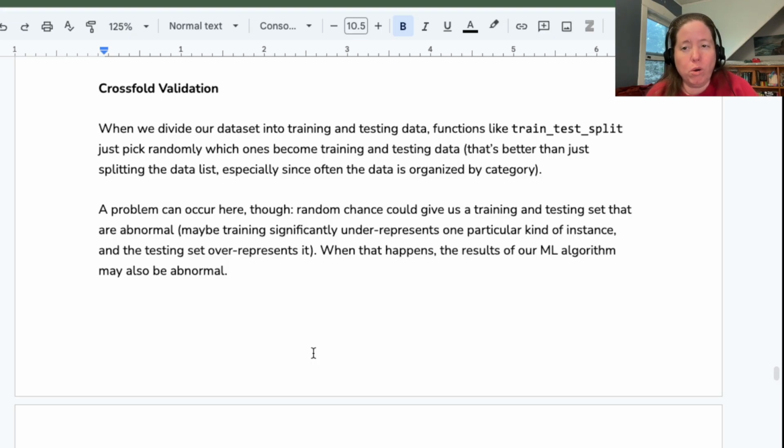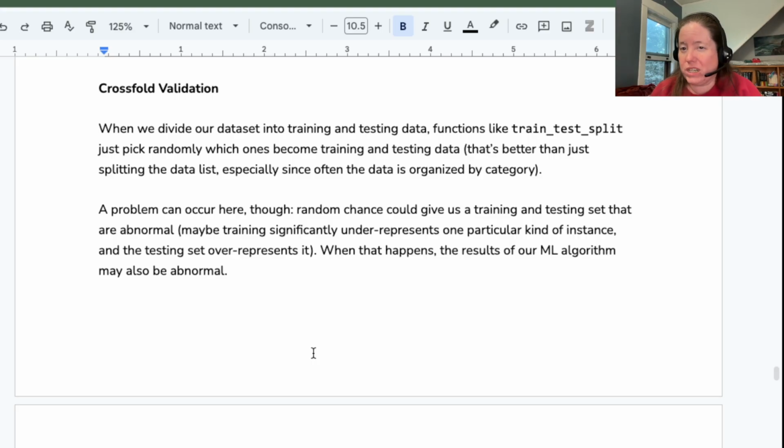So the goal of crossfold validation is to ensure that we are getting as accurate a model as we possibly can. The situation we're worrying about here is one where, when we split the data into training and testing or training and validation, somehow it was askew. It wasn't representative.